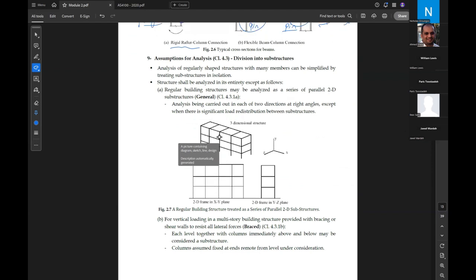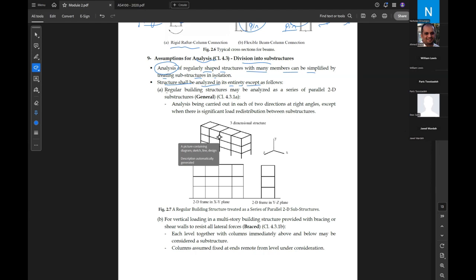So we have some assumptions in the analysis. We have analysis of regularly shaped members and substructure isolation. In some cases we can subdivide the structure, if it is repeated, into substructures. The structure shall be analyzed in its entirety, except as follows.